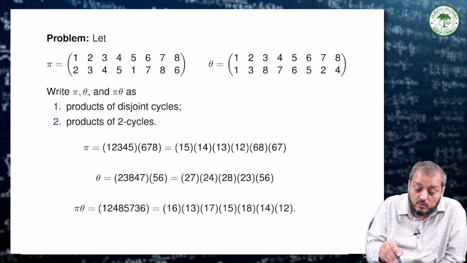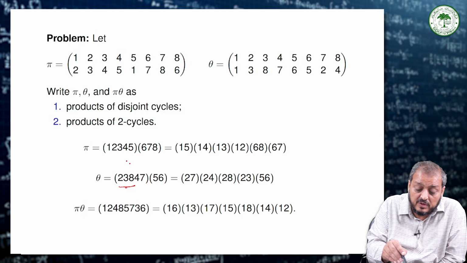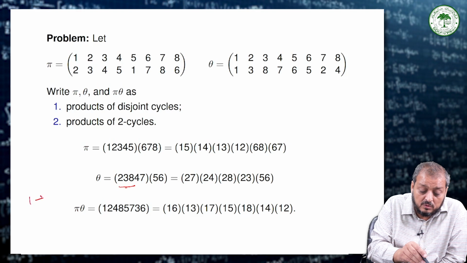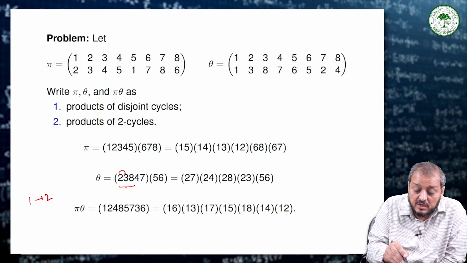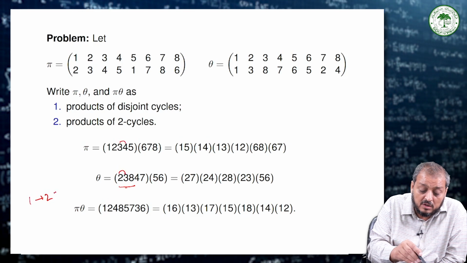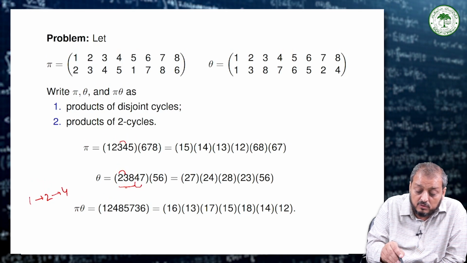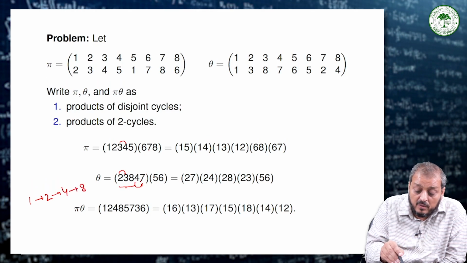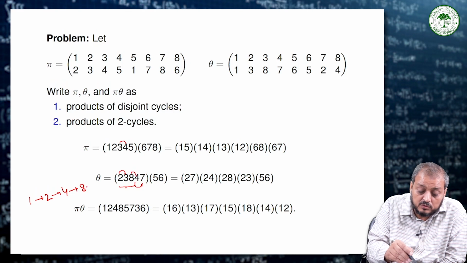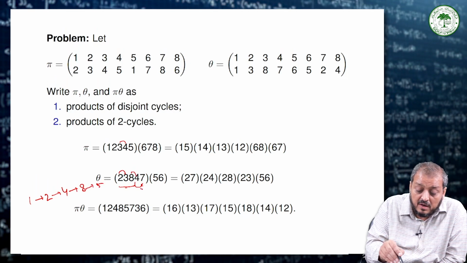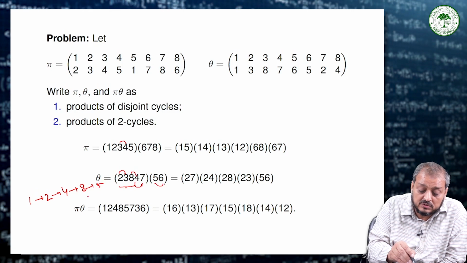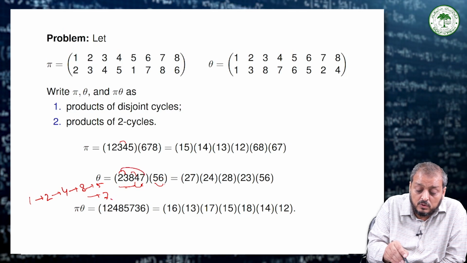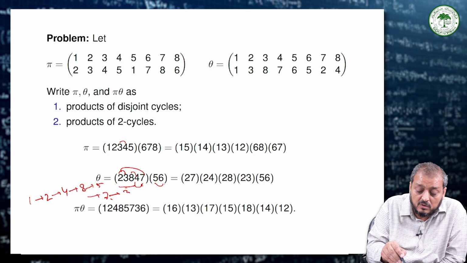Under pi, 1 goes to 1, and here 1 goes to 2, so clearly 1 goes to 2, and here 2 goes to 3, and then 3 goes to 4, so this is 4, 4 goes to 7, 7 goes to 8, so 4 goes to 8, now 8 goes to 4, and 4 goes to 5, so this is 5, and now 5 goes to 6, and 6 goes to 7, so this is 7, and then 7 goes to 2, and 2 goes to 3, so this is 3.